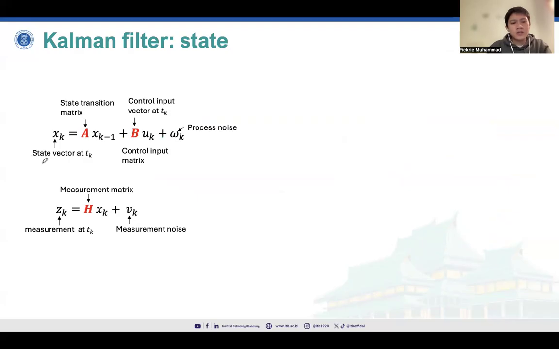This is our state vector at time k, and then we have the state transition matrix, the control input matrix and control input vector at time k, and of course the process noise. This is only a general overview of the states. Then we have the measurement matrix and the measurement at time k, which is accompanied by the measurement noise.